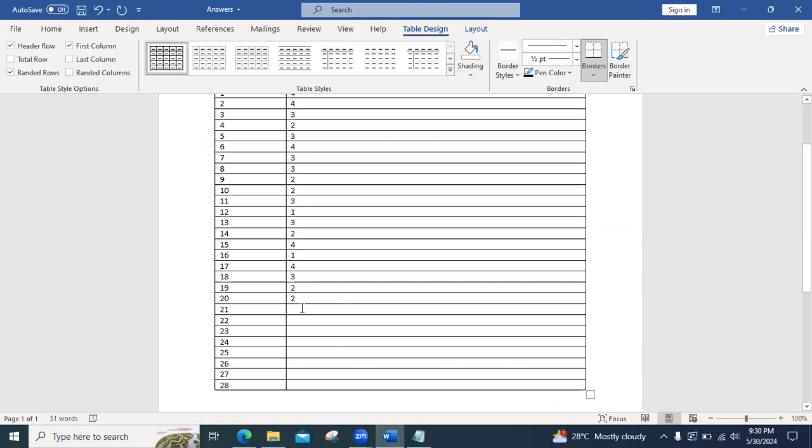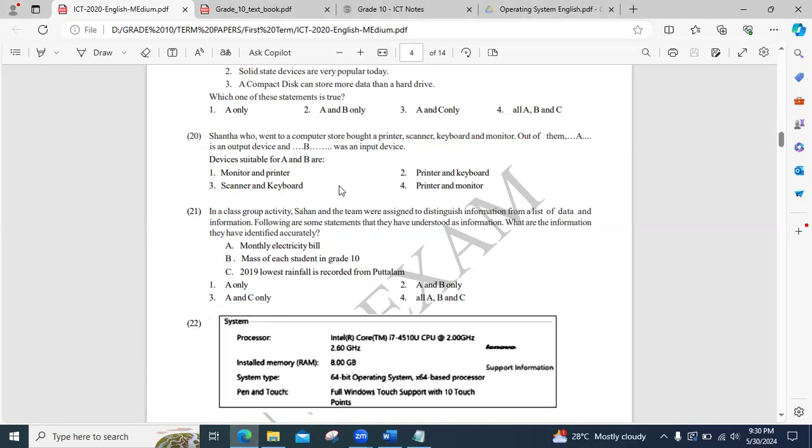So then the next one is 21. In a class group activity, Sahan and team were assigned to distinguish information from a list of data and information. Following are some statements that they have understood as information. What are the information they have identified accurately? Yes, the monthly electricity bill is information, because a lot of calculation is done and you get the output: the units multiplied by rates, and a lot of calculations are there.